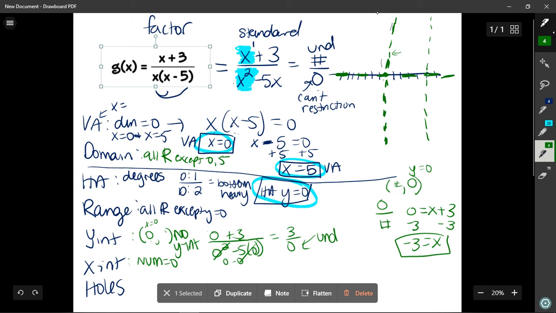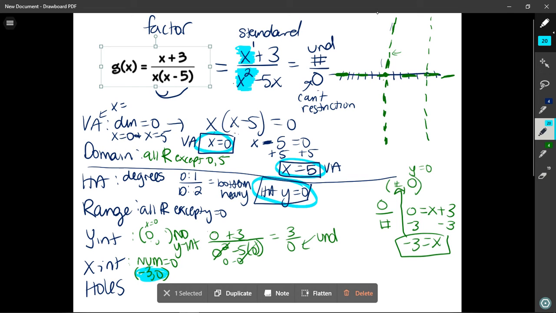So that tells me I'm going to take that negative 3 and plug it in for x. So my x-intercept is negative 3 comma 0. So we have a point for that value. If I want to actually graph that, I can go to negative 3 for x. 1, 2, 3. And, well, I can't really graph on top of this.